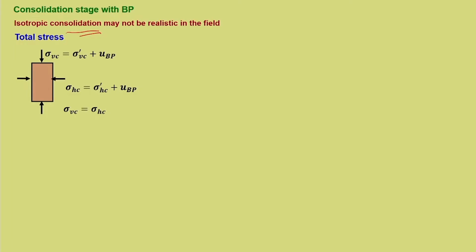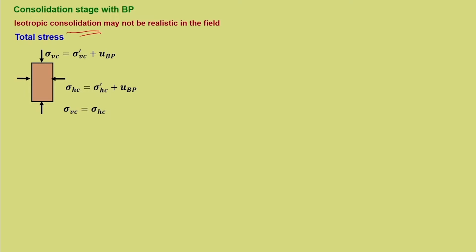Hence, what we are adopting in triaxial testing, we need to understand, has some deviation from reality, but we still go ahead because this is very easy to understand and follow, and there is no shear which gets induced. So total stress, what did we understand in back pressure?